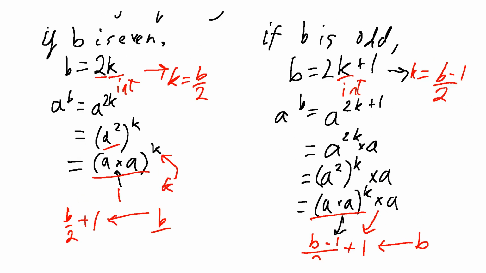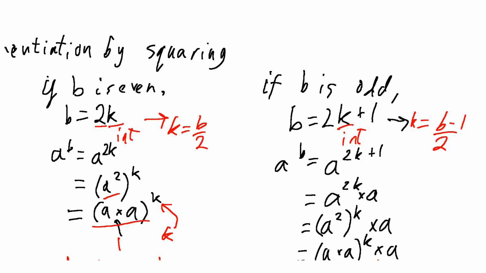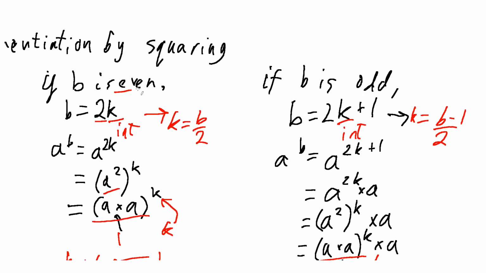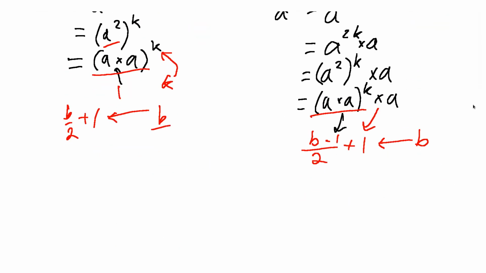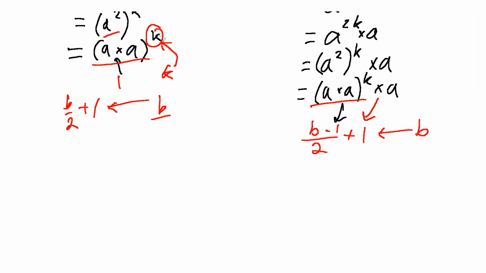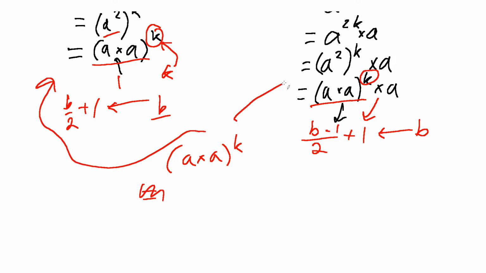And now, since we have this optimization for both even and odd numbers, well, that's just any integer. So we can apply this even to k now. We can apply this improvement to k. So we can say that a squared to the power of k is equal to, if k is even, we can put it back into this algorithm. If k is odd, we can put it back into this algorithm.